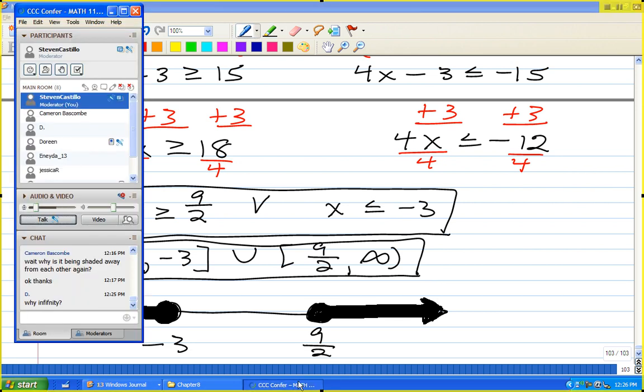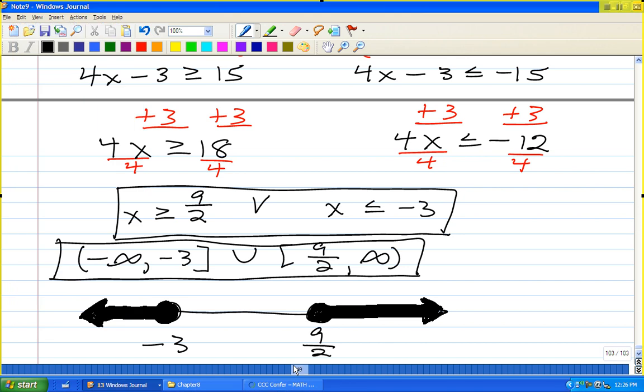Why infinity? Well, let's just look here at the graph. Where does this interval go? Well, it goes from positive 9 halves, and it keeps going for x greater than it.